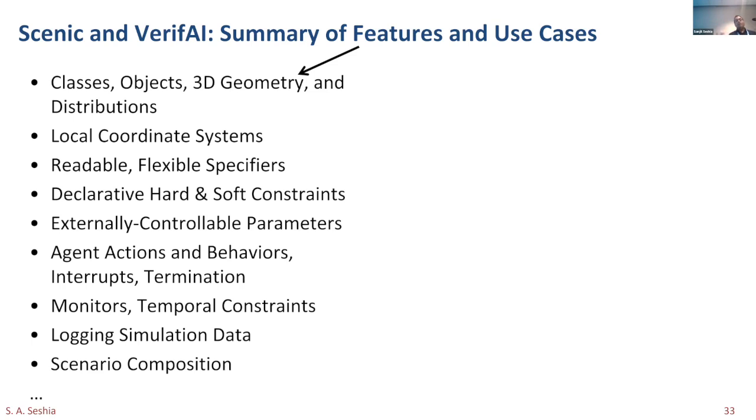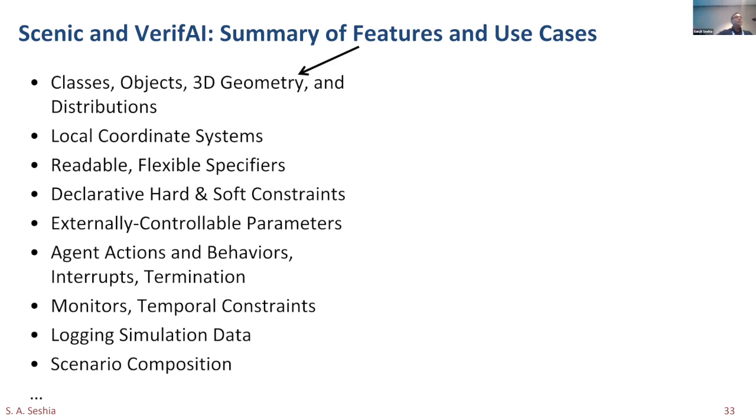You can have externally controllable parameters. I think Daniel mentioned this, but maybe we didn't highlight it enough. One aspect of SCENIC, of course, is that you can model the world with all these variables and put distributions on them. But you might also want to have certain variables, we call them parameters, that are adversarially controlled.